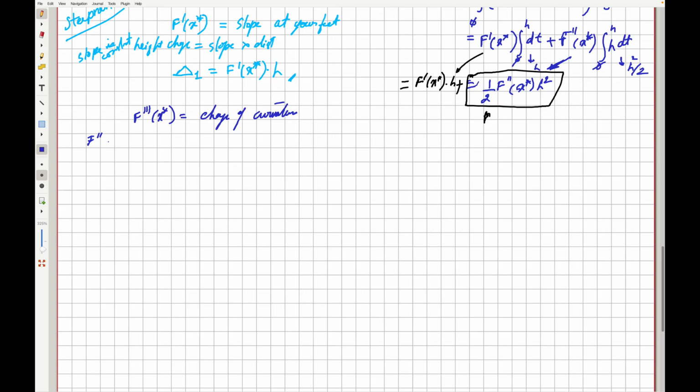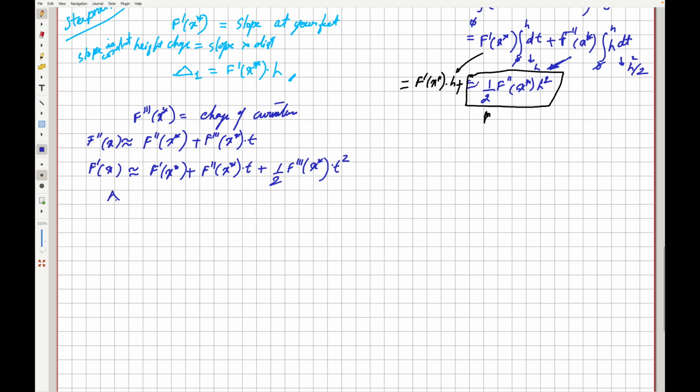So we have f double prime x is equal to f double prime x star plus f triple prime x star times t. So we integrate once the slope. We have f prime x is approximately equal to f prime x star plus f double prime x star times t plus 1 half f triple prime x star times t squared.